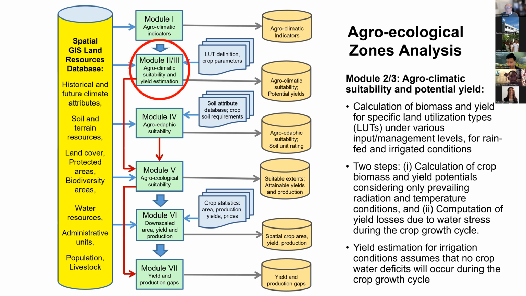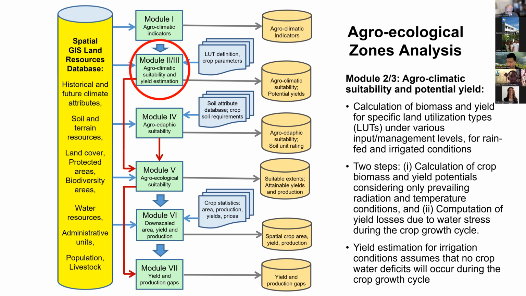For global AEZ, we have low, intermediate, and high or advanced management conditions. And accordingly, some of the crop parameterizations that are used in the simulations are adapted to these management assumptions. So we get not only one answer, but we get answers for a crop under different management conditions.